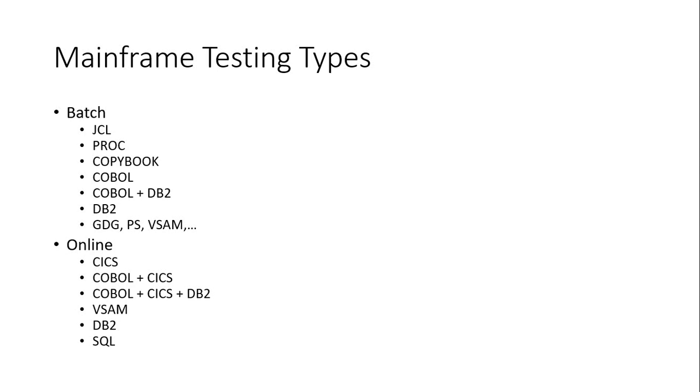So there will be a COBOL program that is written, and normally as a testing team you will not be going into the COBOL program and looking at how the code is and everything. The only thing that you will be doing is understanding the flow. Okay, what is a business scenario, what do I need to test, you need to understand.